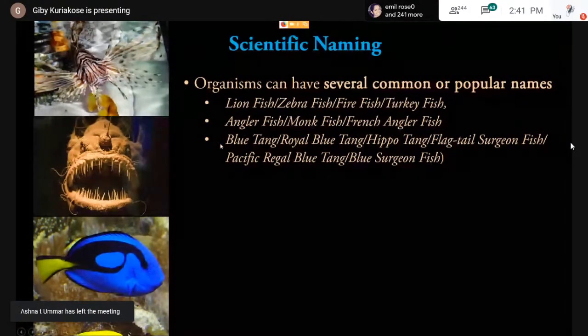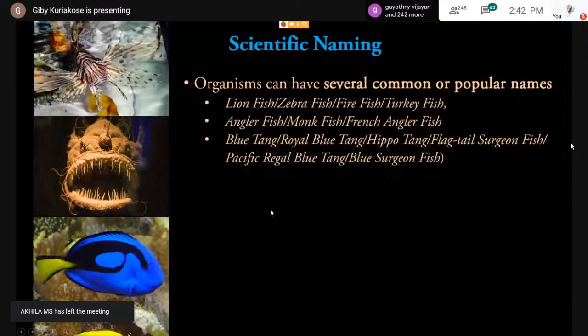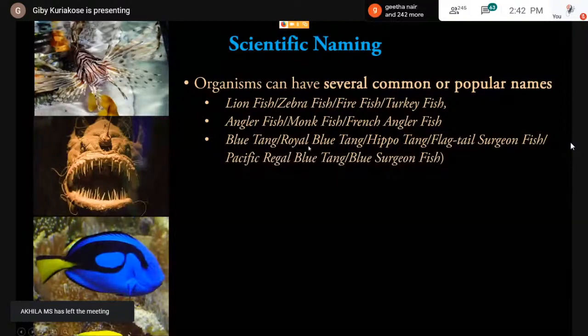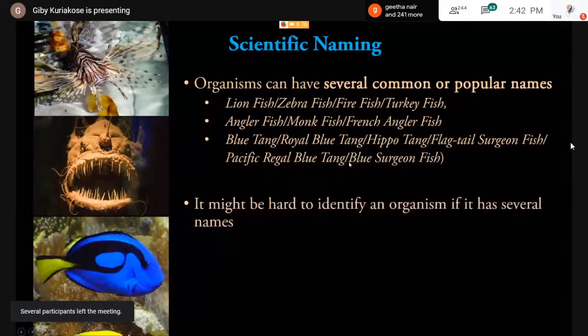Then the third one: blue tang, royal blue tang, hippo tang, flat-tailed surgeon fish, Pacific regal blue tang, blue surgeon fish. If someone speaks out one name that the other person doesn't know, then he will be in trouble. So it is very difficult to identify the species very precisely.